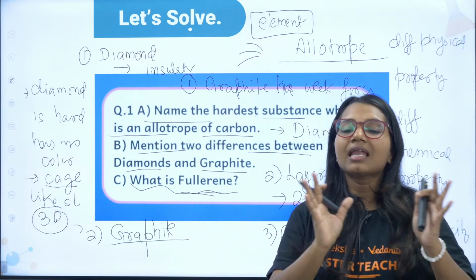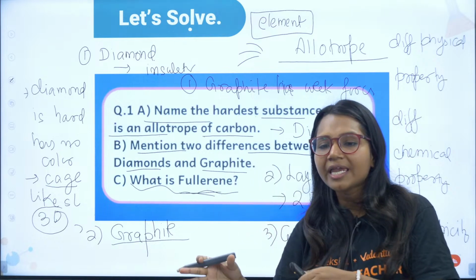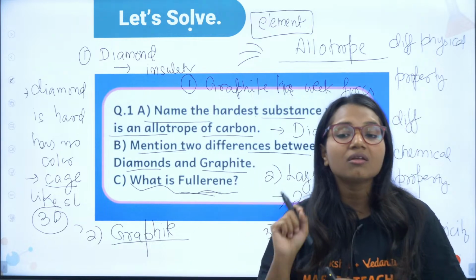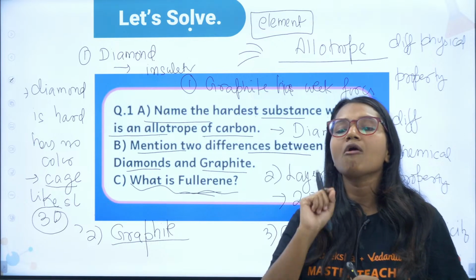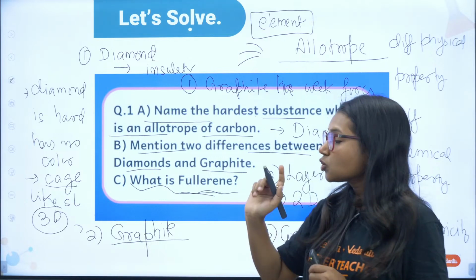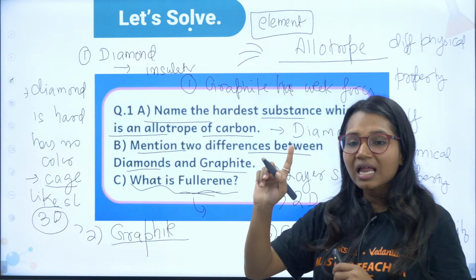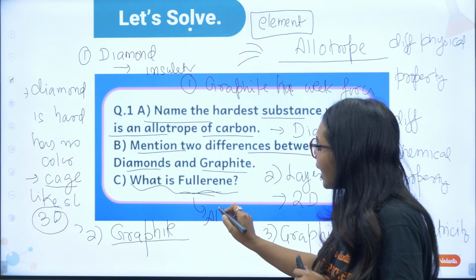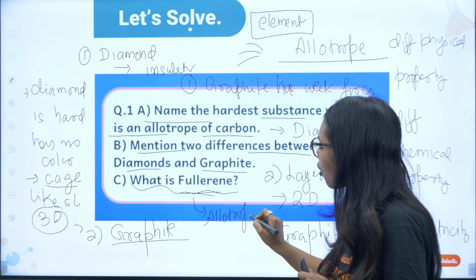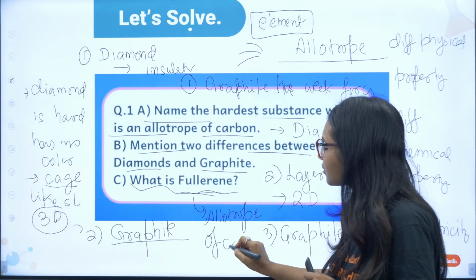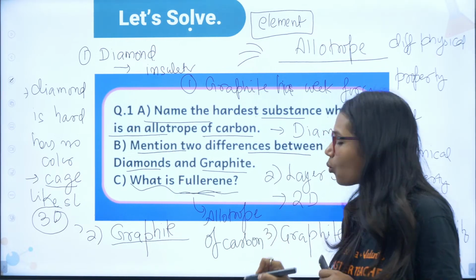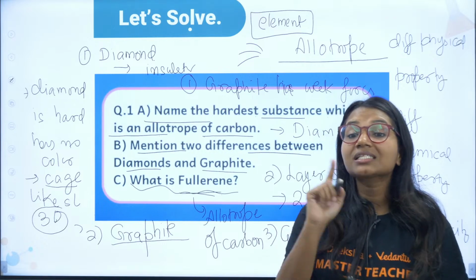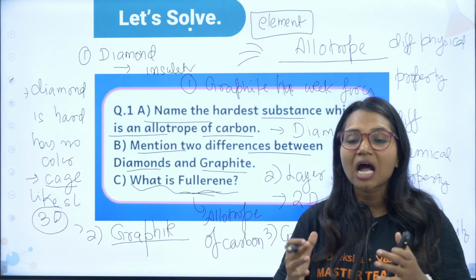Fullerene, just like diamond and graphite, is also an important allotrope of carbon. Okay. So you will write in the first line, it is also an allotrope of carbon. What else? Can you tell me the structure of fullerene? How does fullerene look?